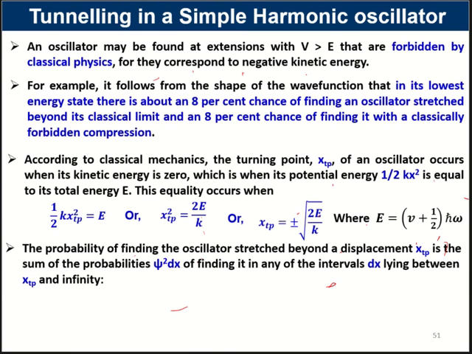What is the probability of being found in the forbidden region between the turning point and infinity? So the integration has to be done between x_tp, the limits, from the turning point to infinity. This gives you the probability of finding the oscillator beyond the points.